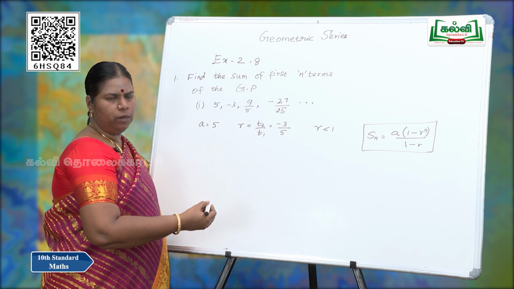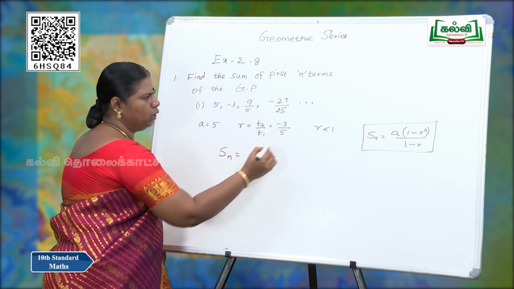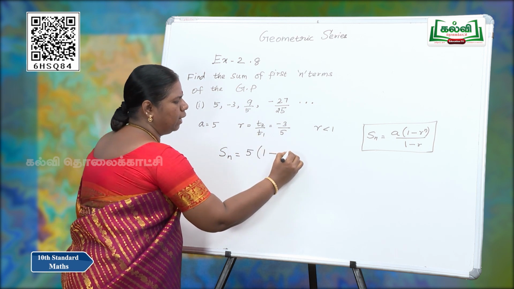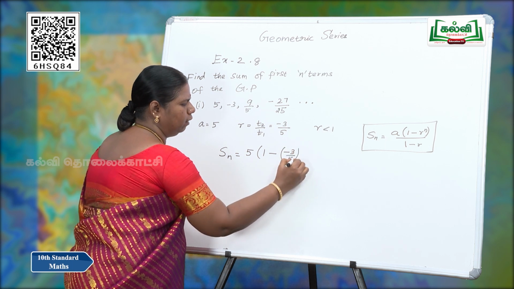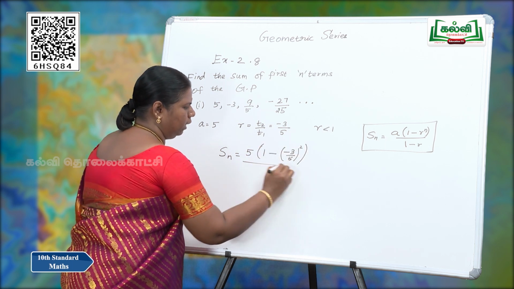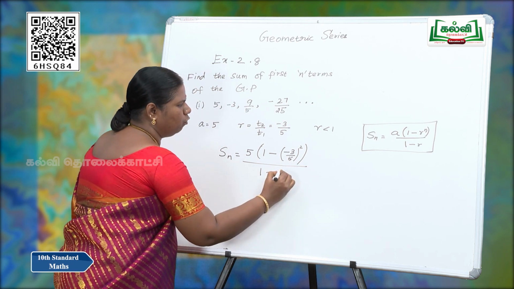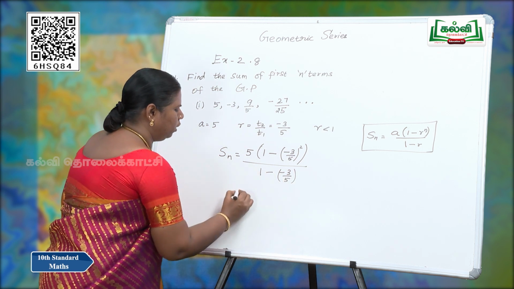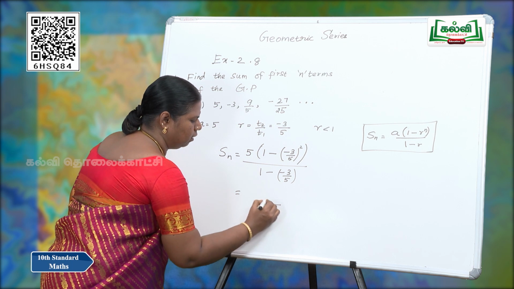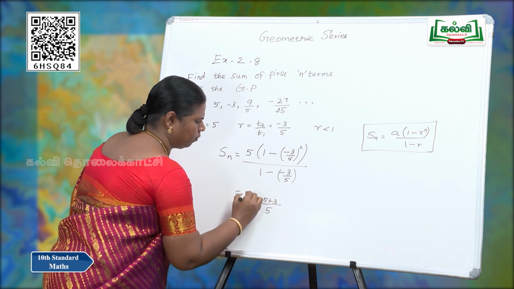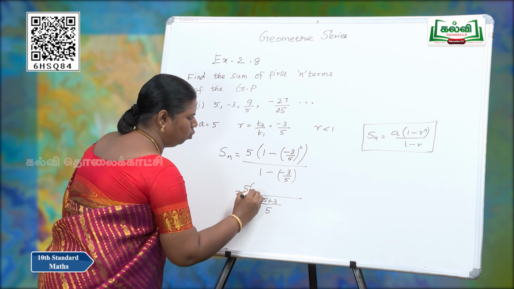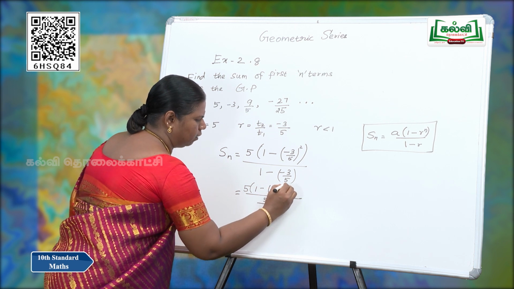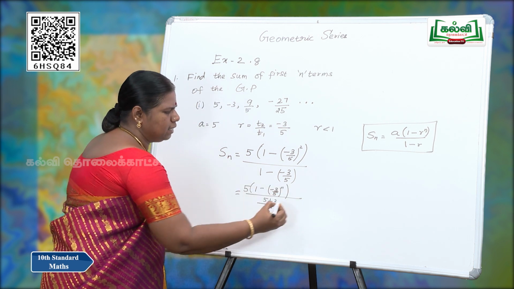Substitute the values in the formula. Sn is equal to, in the place of A, 5, into 1 minus, in the place of r, minus 3 by 5, the whole power n, by 1 minus, in the place of r, minus 3 by 5. Minus into minus is plus. So, we have to take LCM. We will get 5 plus 3 over 5. 5 into 1 minus minus 3 by 5 the whole power n, 5 plus 3 is 8.